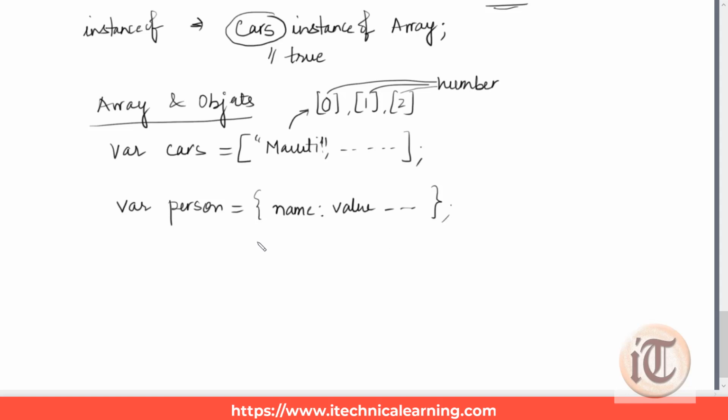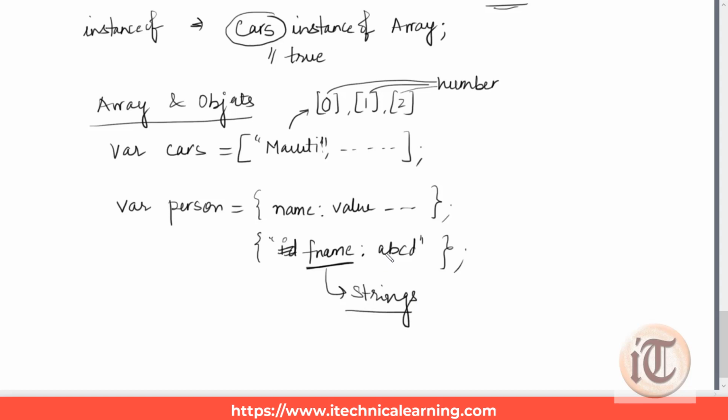So if I say person equals firstName and I say ABCD, then you can see that in objects the values are referred to by strings or user defined names.